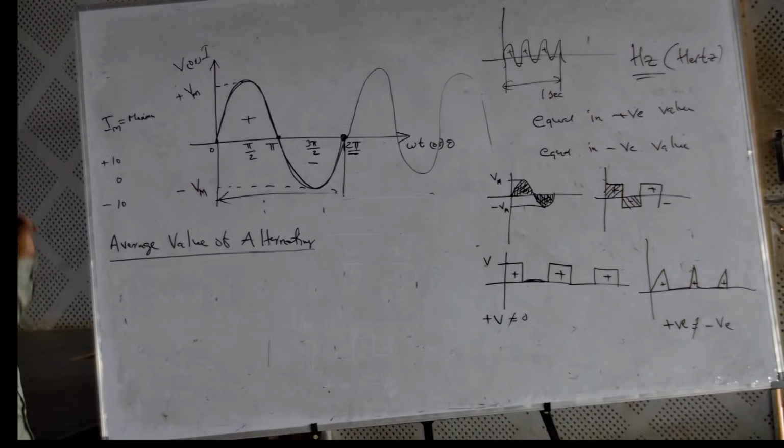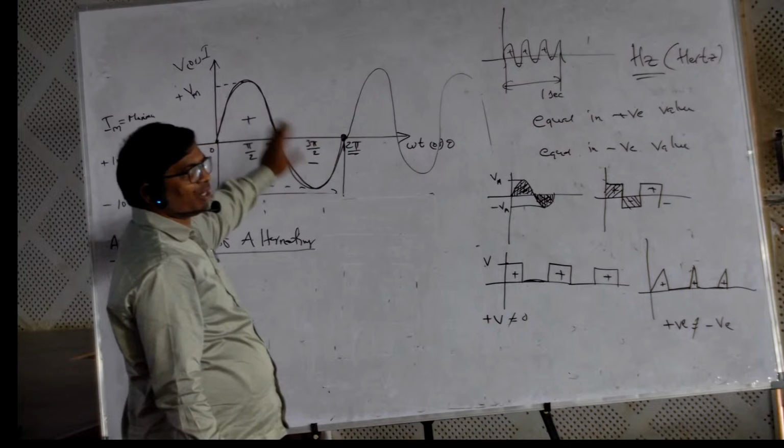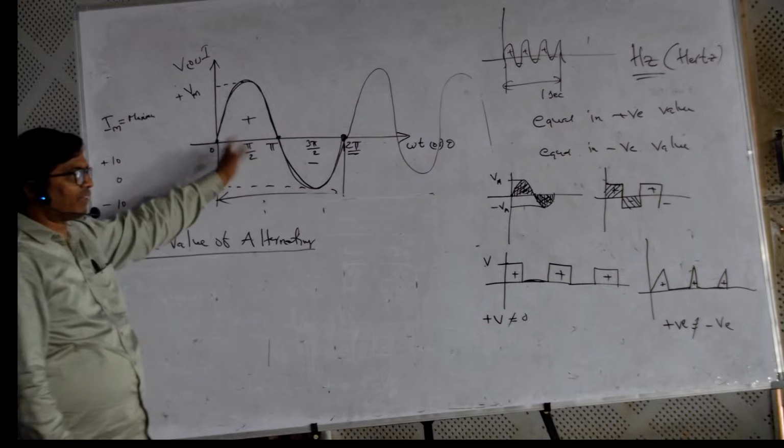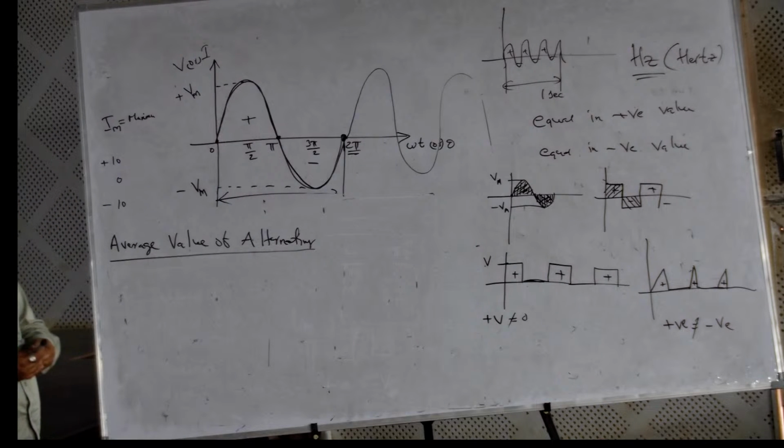Okay. So Vm is the maximum value, then instantaneous value, average value. For this wave, what is the average value? What is the average value for this sine wave?